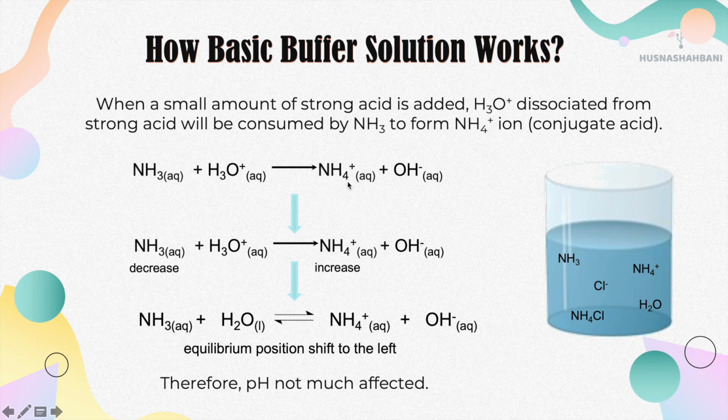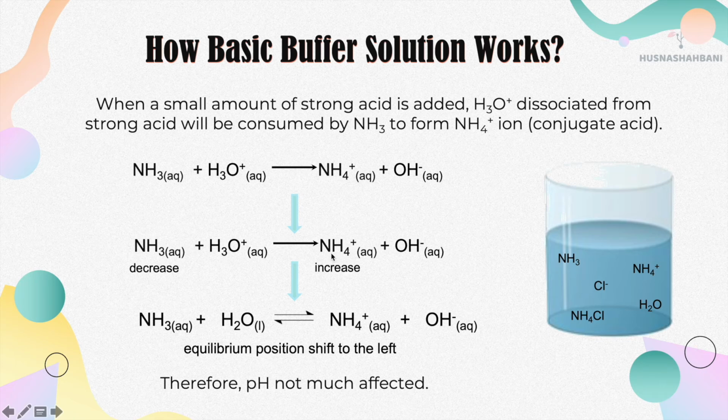When this reaction happens, the concentration of NH3 will decrease, because this NH3 is used to neutralize the H3O plus from the strong acid. When this concentration decreases and it keeps producing NH4 plus, the concentration of NH4 plus will increase. That means you increase the conjugate acid concentration.